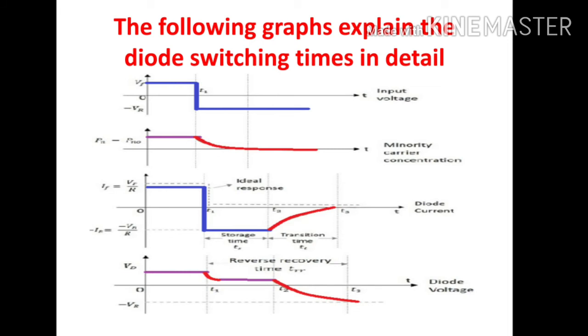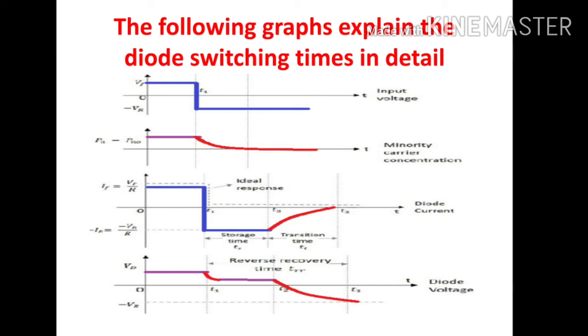Then once the storage time is over, a transition occurs on the negative side from T2 to T3. So this time is taken as the transition time, indicated as TT, and the storage time is between time T1 and T2.